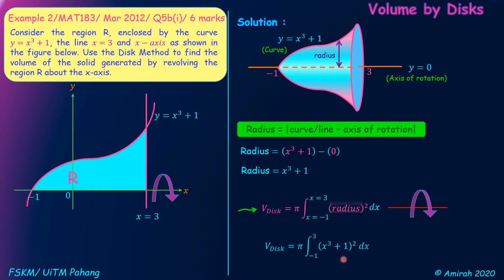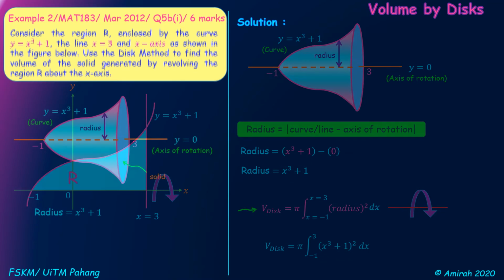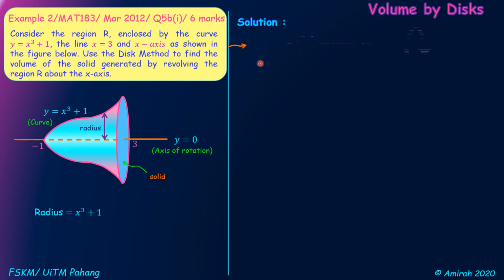Then we replace the radius by x cubed plus 1. From volume by disk equals pi integration from x equals -1 to x equals 3 of radius squared dx, because the axis of rotation is a horizontal line.